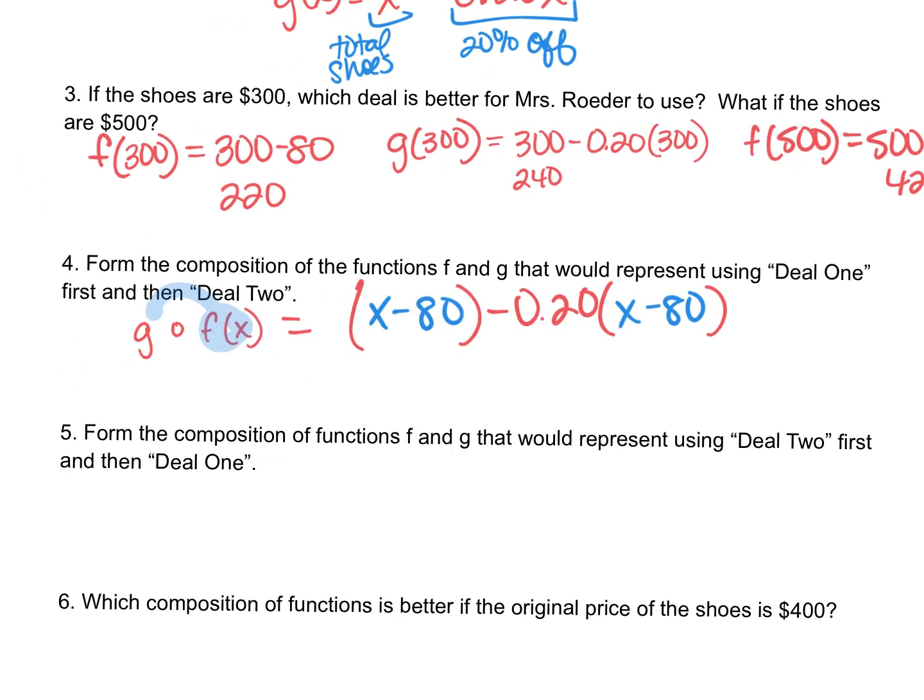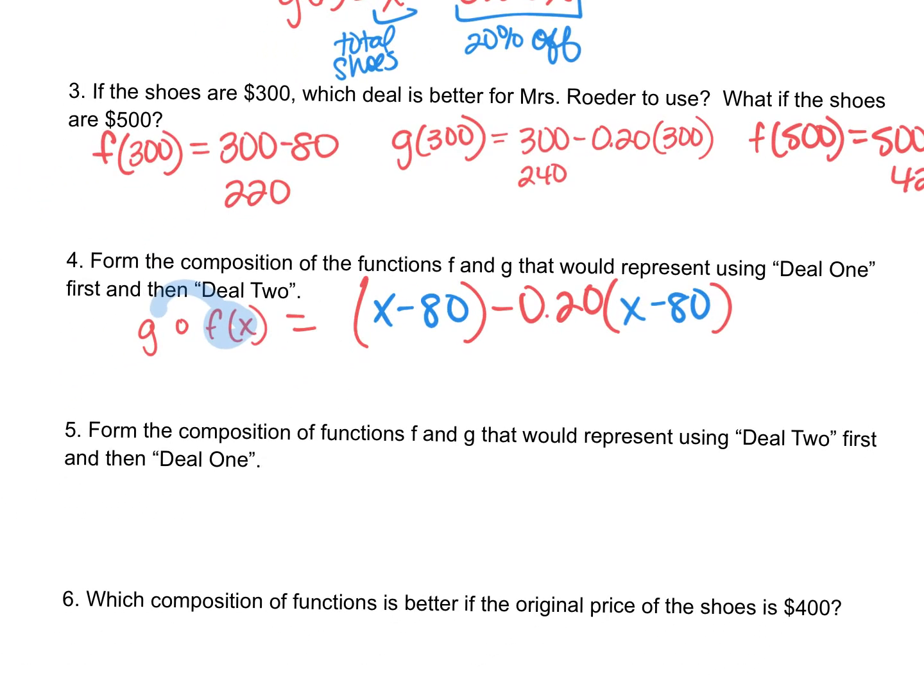Those first parentheses aren't doing anything, so I'm just going to drop them. This would be X minus 80.